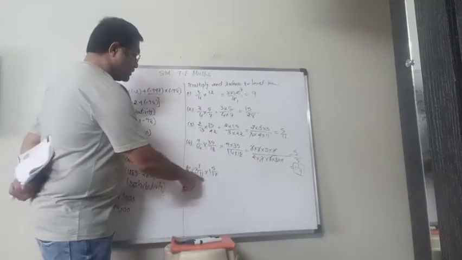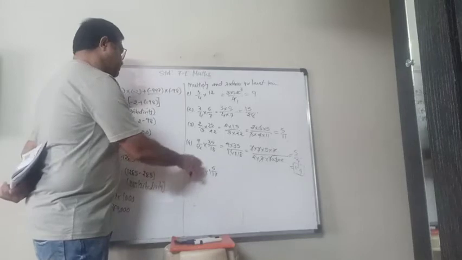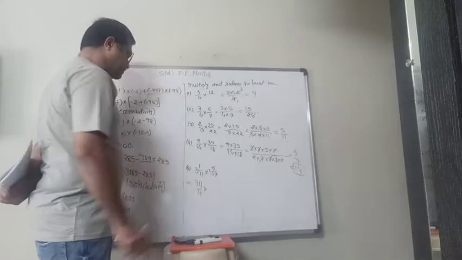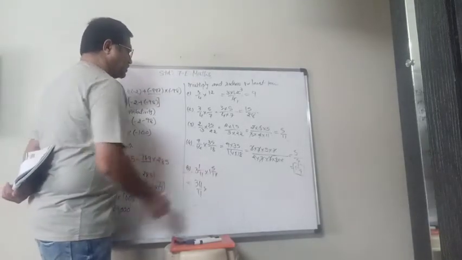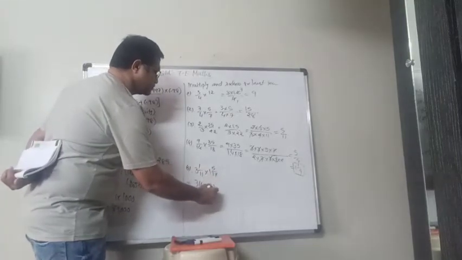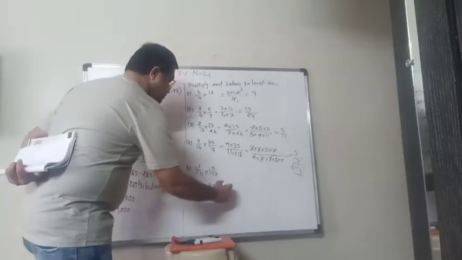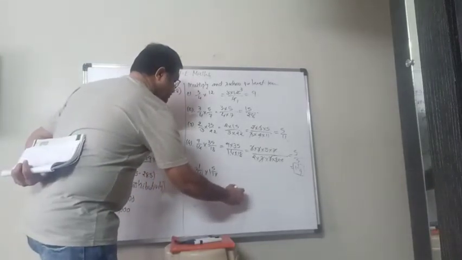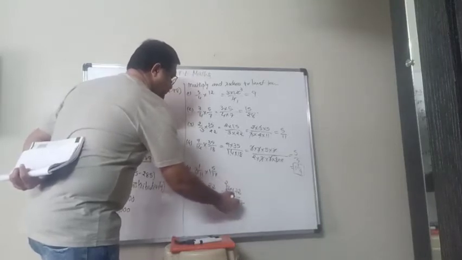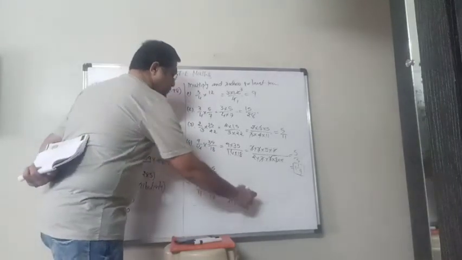So here first convert them into improper fraction. 11 3s are 33 plus 1, 34 upon 11. 17 1 is 17, 17 plus 5, 22 upon 17. So now 34 into 22, 11 into 17. If you are clever enough, you can directly do the cancellation also. And 2 2s are 4.